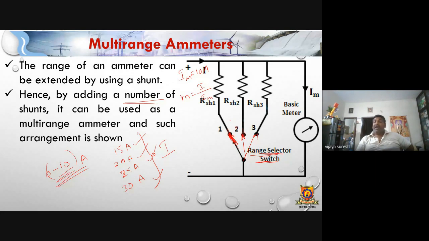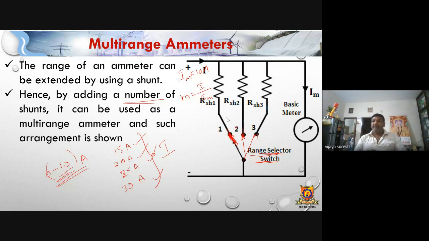So I can go for 3 different ranges. Basically, the meter will measure one range, and apart from that I can go for RSH1, RSH2 and RSH3, so 3 additional ranges I can measure by connecting the switch in the appropriate position.